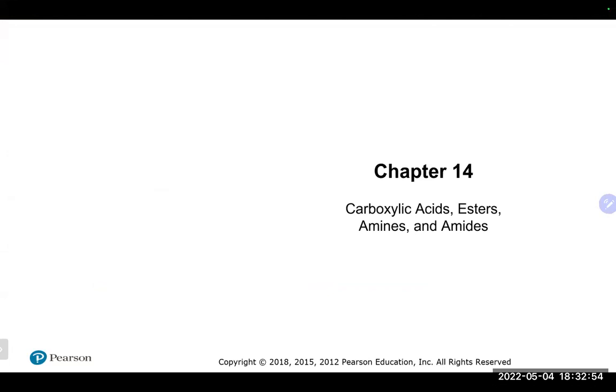Okay, so we are off to chapter 14 here. Pretty much everything left in the organic basket. In this chapter, we're going to talk about carboxylic acids, esters, amines, and amides. Carboxylic acids have a functional group, as we saw a second ago, of this guy here.